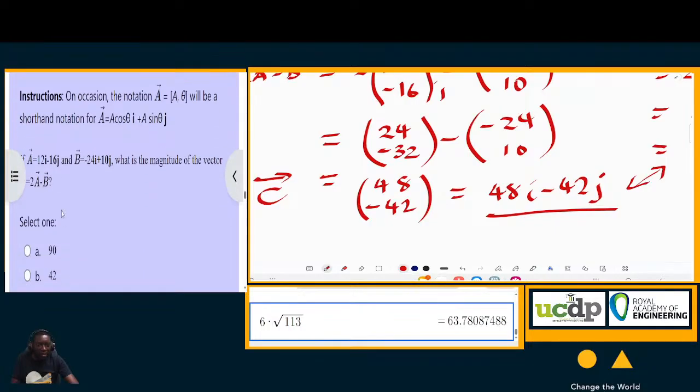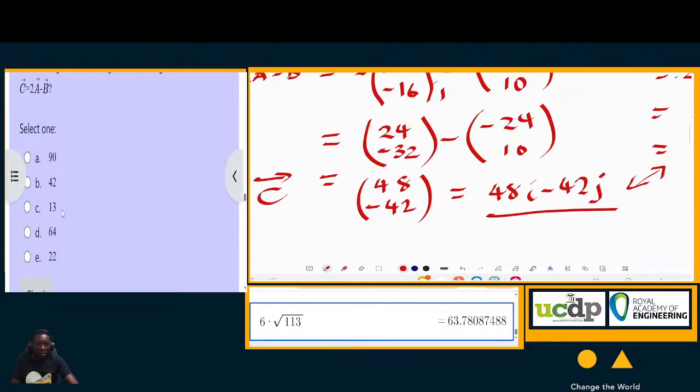We've got answers given there. Which one will be the correct answer, or the most appropriate? 64, yes. 64 is given to two significant figures. So 6 root 113 is fine, and that's 64. I hope we can all follow that.